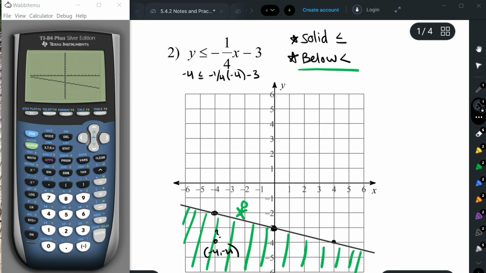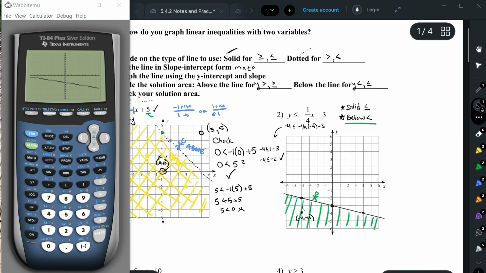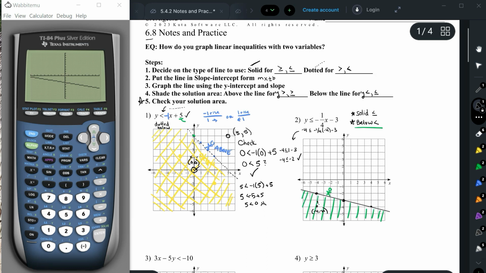If you were to simplify that, that's asking is -4 less than or equal to 1 minus 3? And -4 is less than or equal to -2. That is true, which means we shaded in the right spot. Okay, so that is graphing with some shading. The next two examples, I will cover those in another video.